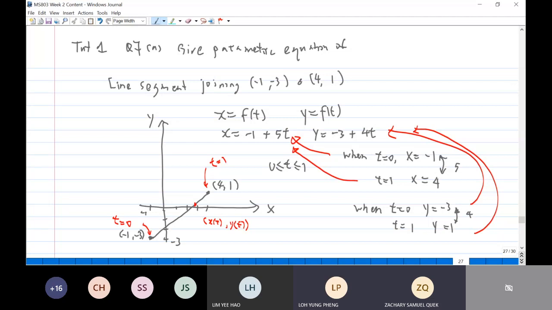Wait, I don't get the y equals -3. What is that? Okay, let's see, -3. So when t equals 0, your y is equal to -3 here. When t equals 1, your y is 1. Okay, yeah.